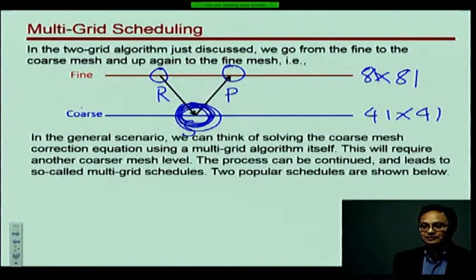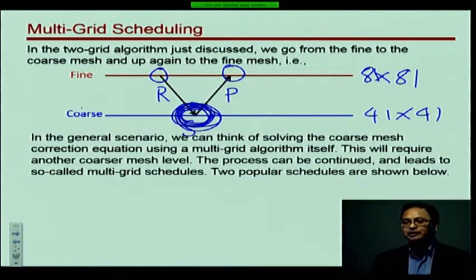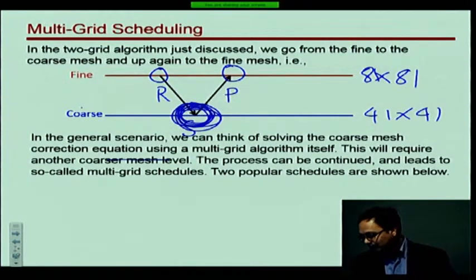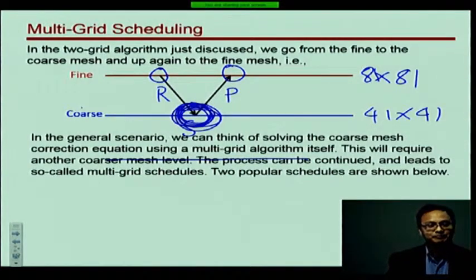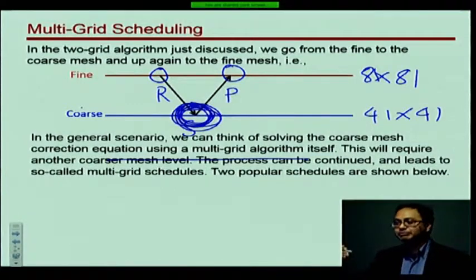So the idea in the multi-level multigrid is, well, why don't we use another multigrid to solve that guy? Which introduces now a third mesh level. And you can keep going down, and this is one of the beauties of multigrid. If you write it in a modular fashion, you can actually call these subroutines recursively.